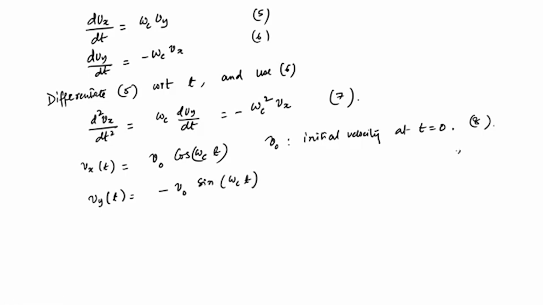You can do this and convince yourself that one has Vx and Vy, and now we want x and y both as functions of t.